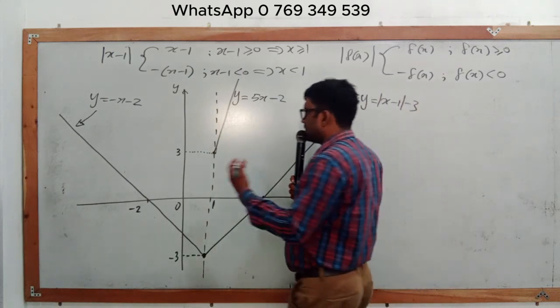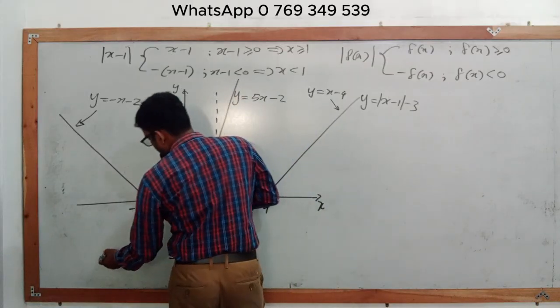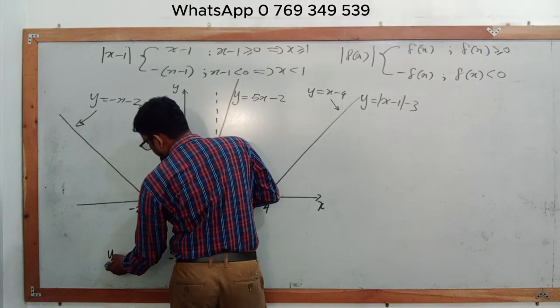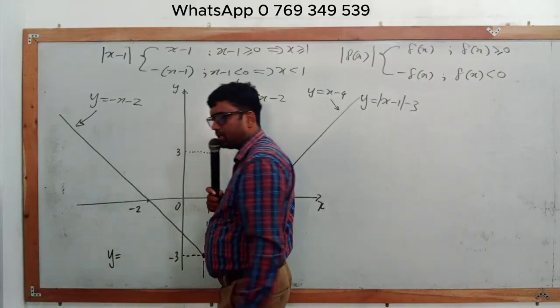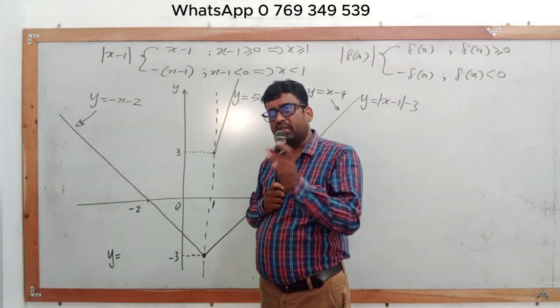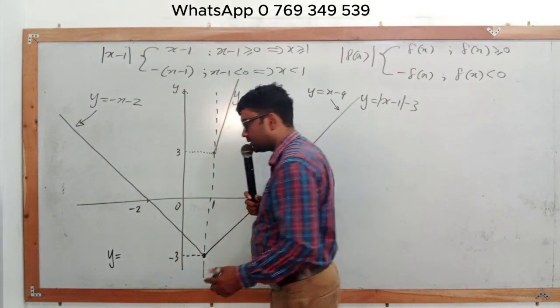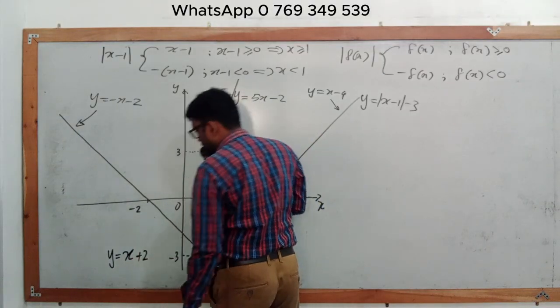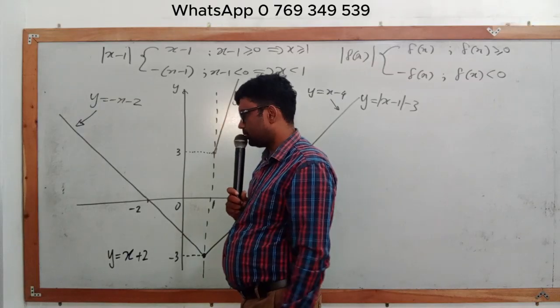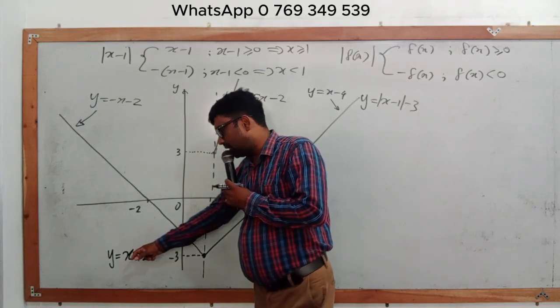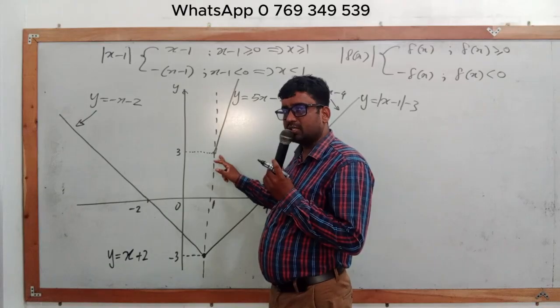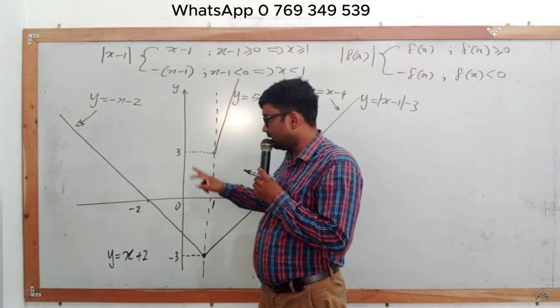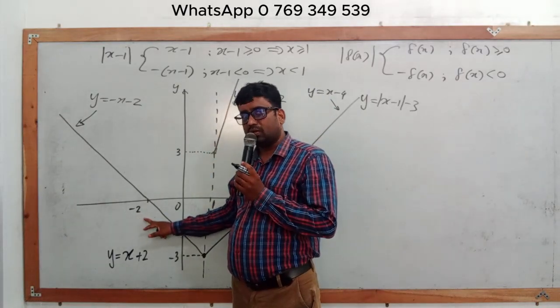We have to do the minus side. What? y equals 3x minus 2x, that is x, plus 2. When x equals 1, that is 3, the point is here. When x equals minus 2, what is that?